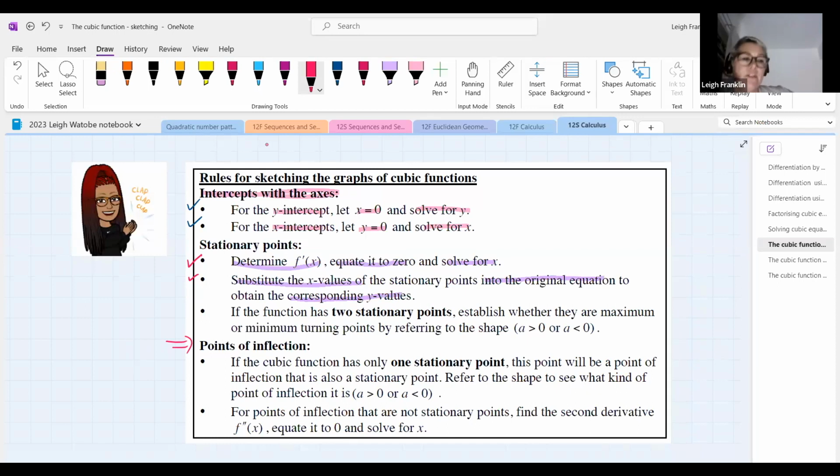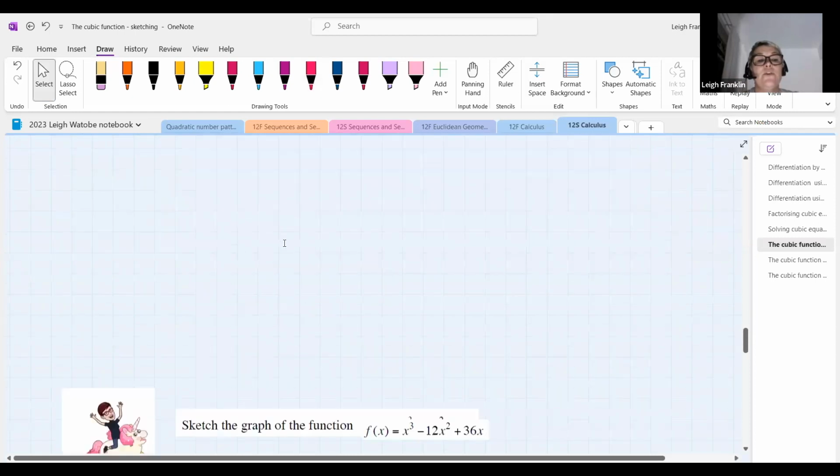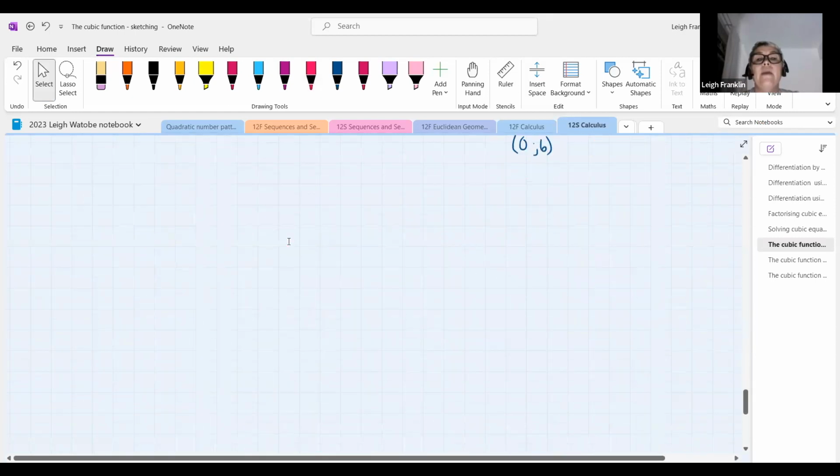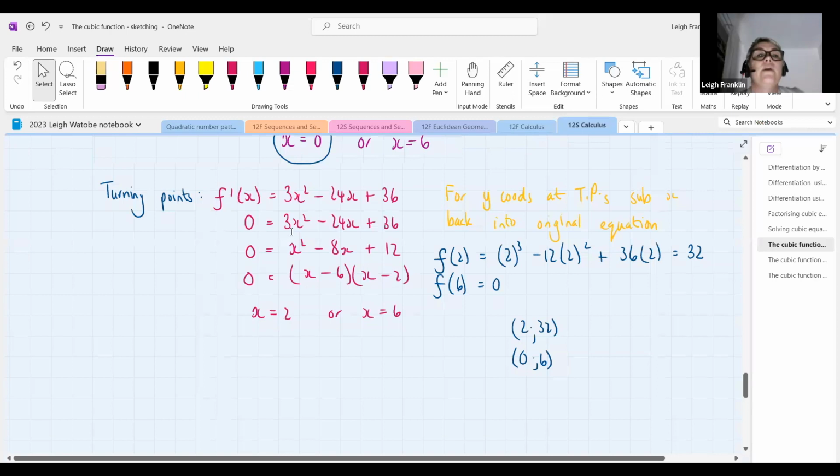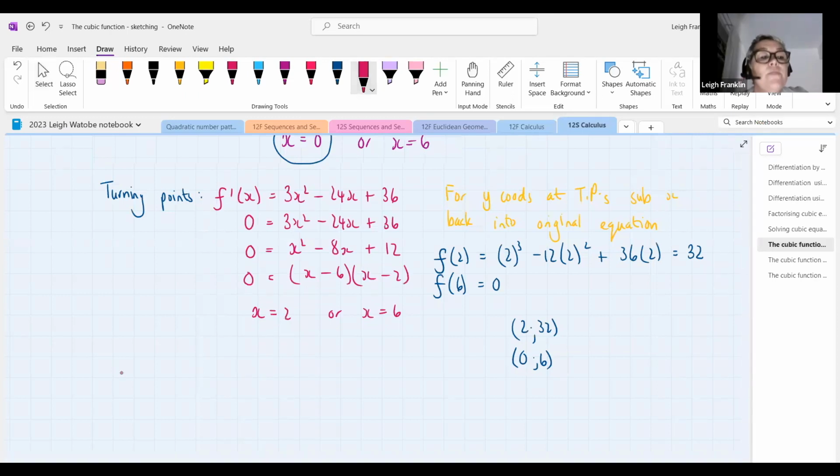Otherwise it's just the intercepts with the axes and the coordinates at the turning points. The point of inflection is where your concavity changes. Let's talk about how we would find the coordinates at your point of inflection.